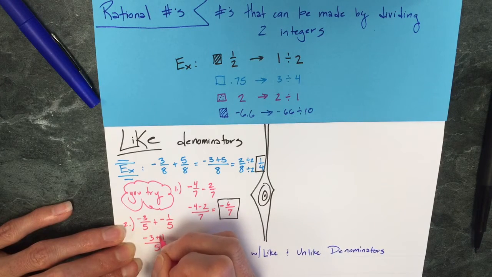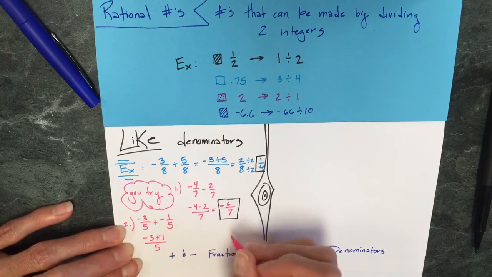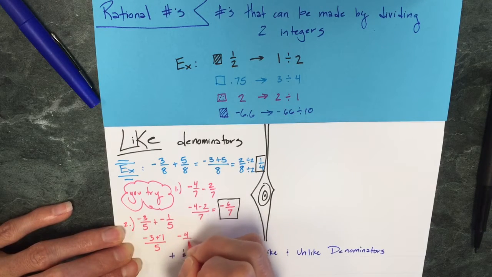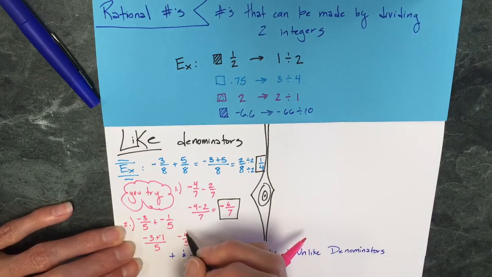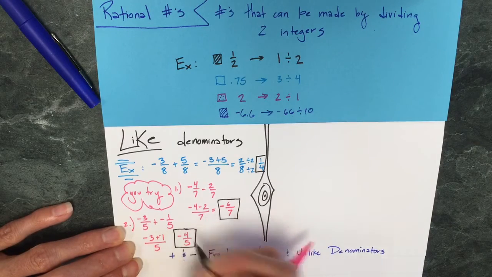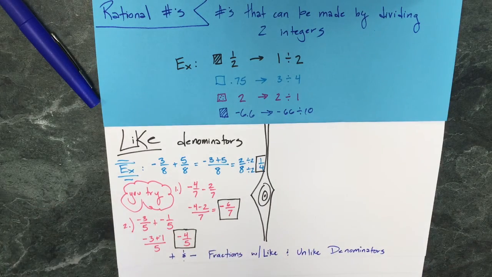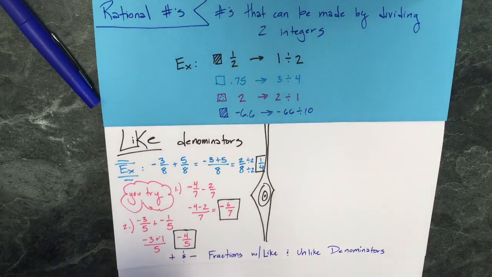Or you could write a plus negative 1, but still, same sign, just add them up. Negative 4/5. Can't simplify that, so that would be your final answer. So those are our like denominators.